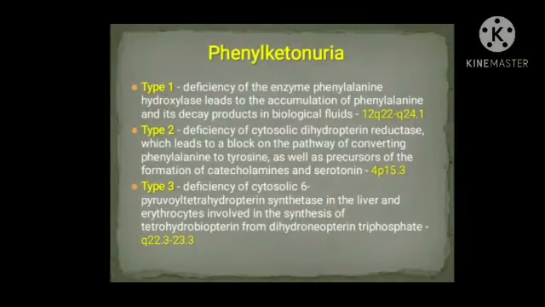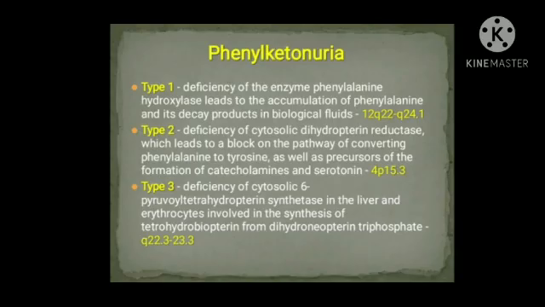Previously I spoke about the 3 types of phenylketonuria. In this slide you can see the description of every type. For example, type first, deficiency of the enzyme phenylalanine hydroxylase, leads to the accumulation of phenylalanine and its decay products in biological fluids.